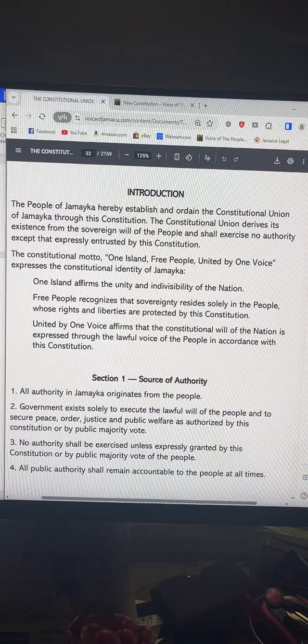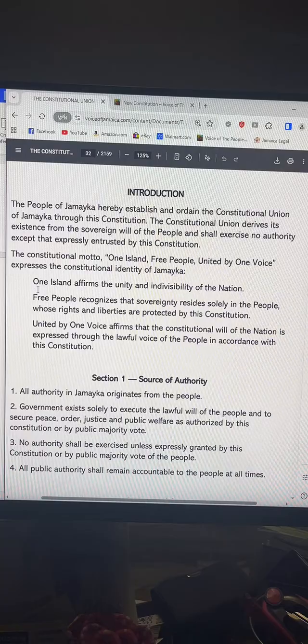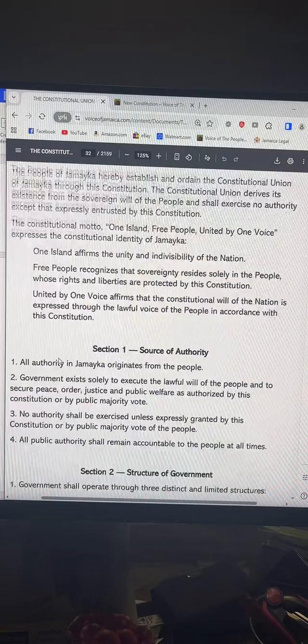Or if we want to put it the other way, the British own that name. So therefore, we are not going to use any colonial affiliations when it comes to a new constitution. We create our own. So that is why the spelling is Jamayka. Hope that clears that up.